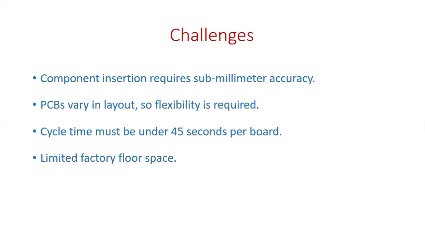So we have to add flexibility in tackling different kinds of PCB layout assembly, and the overall cycle time should be less than or equal to 45 seconds for each PCB board assembly, and all the operations are carried out within a small limited factory area. So these are the constraints that are given for the single robot type assembly layout.